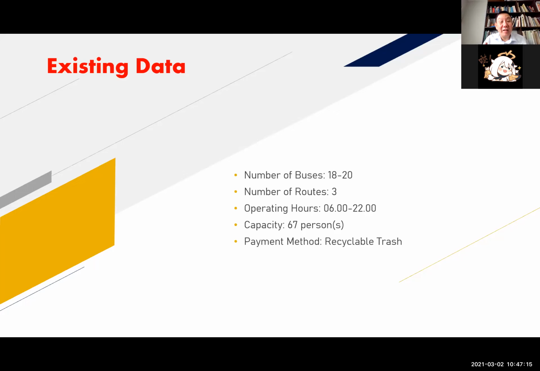Okay, then you do a survey on up to how many minutes people are willing to wait, and then up to how much people are willing to pay. And then you compare the price and the waiting time, right?